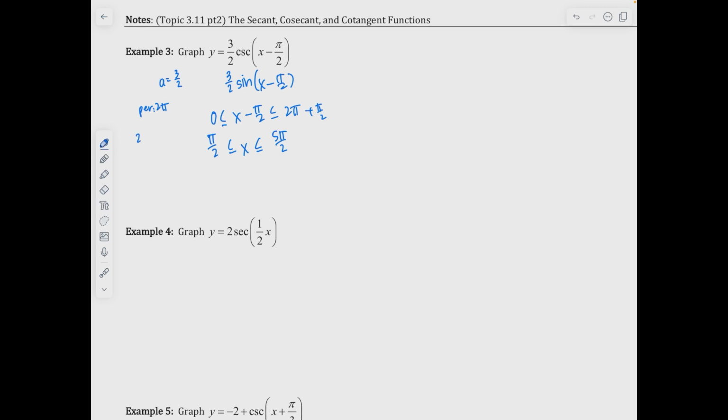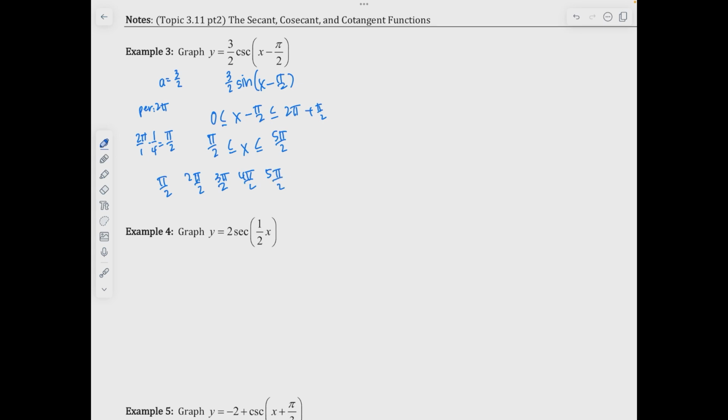My period length is 2 pi, and if I cut it into quarters, it becomes pi over 2. So I have pi over 2, 2 pi over 2, 3 pi over 2, 4 pi over 2, and then 5 pi over 2.